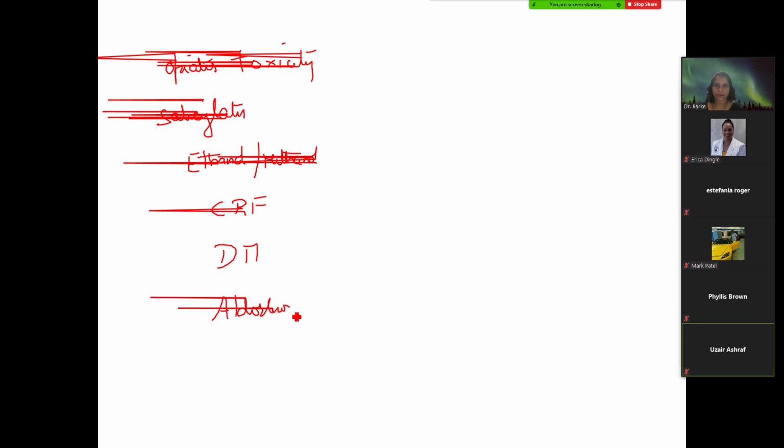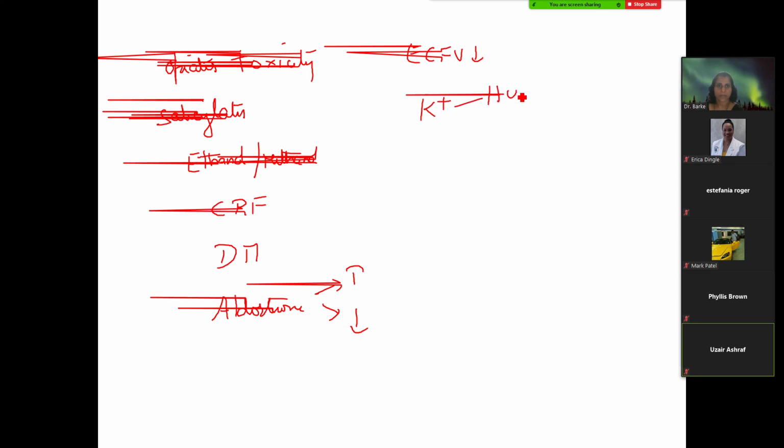Aldosterone. If aldosterone is high, or aldosterone is low, what can happen? ECF volume decreases. Potassium disturbance: hyperkalemia versus hypokalemia.